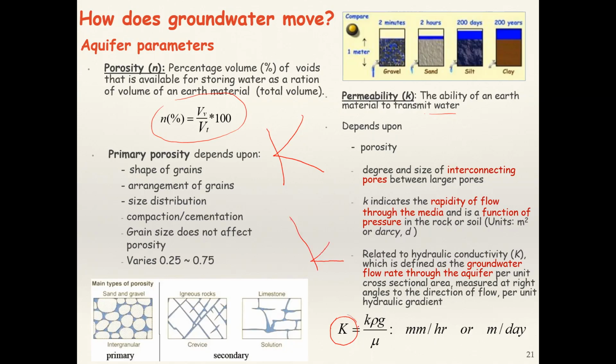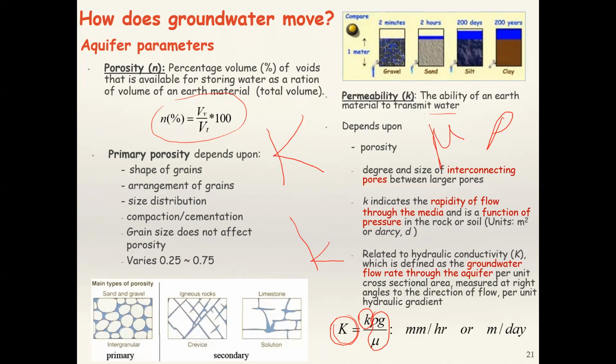So the hydraulic conductivity depends on the permeability and the properties of the water, or properties of the liquid. So what are the properties? Rho is the density, mu is the dynamic viscosity, right?